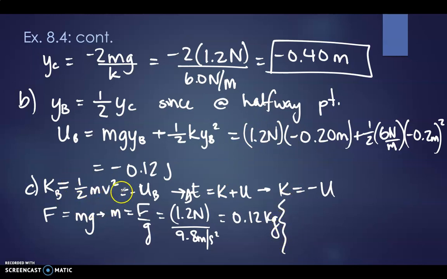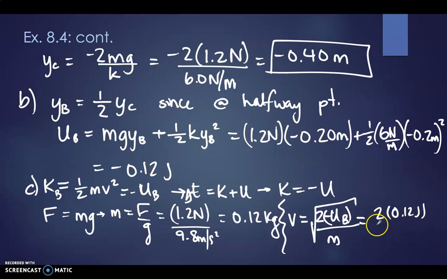Now we can go ahead and solve for V here. So V is going to equal the square root of 2 times minus U sub B over M. We have 2 times negative U sub B, which is 0.12 joules, divided by our mass, which is 0.12 kilograms, all inside of a square root.